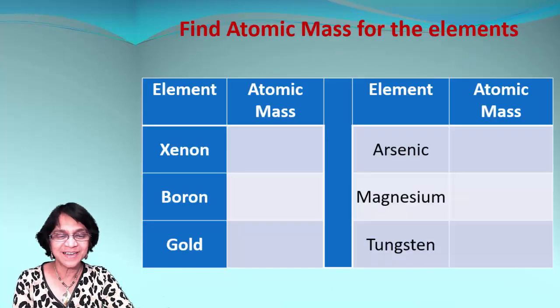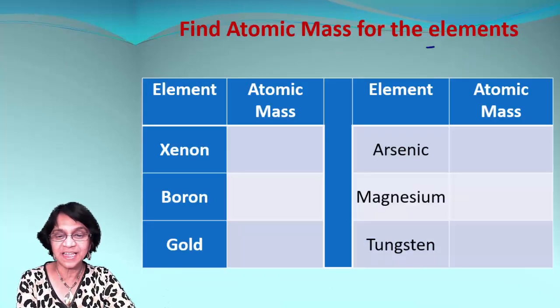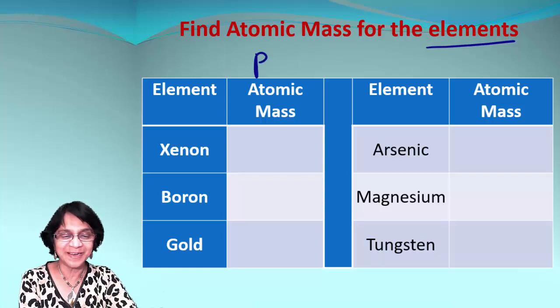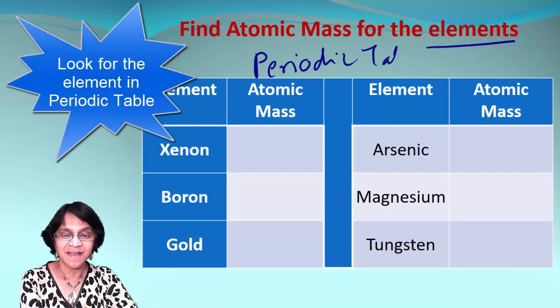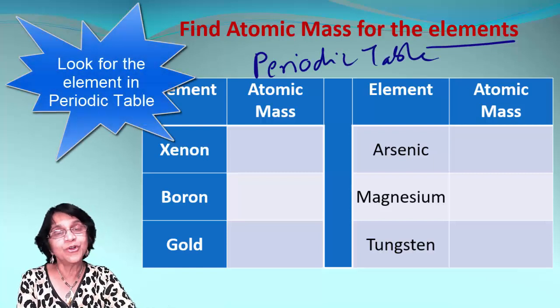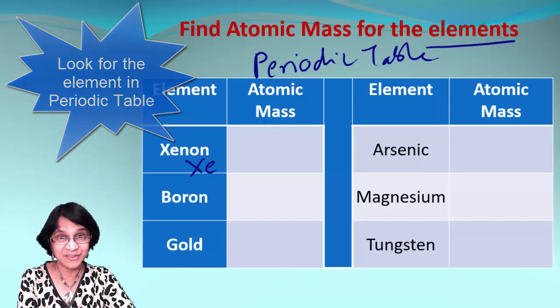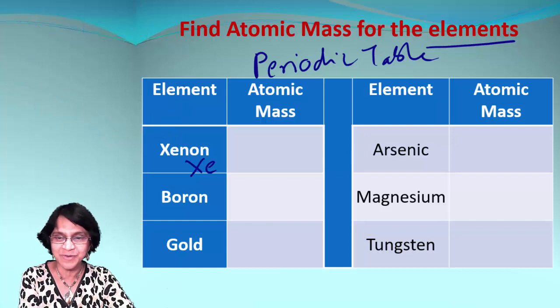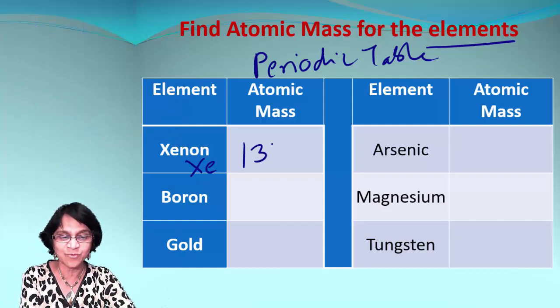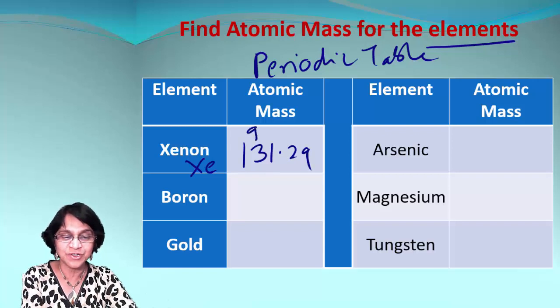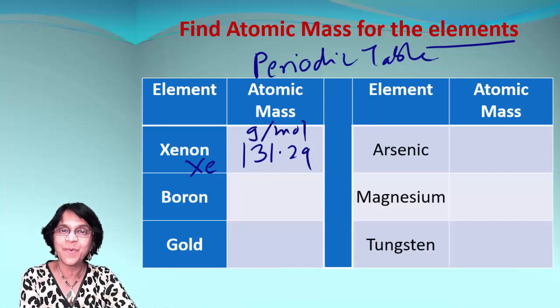Let's find out the atomic mass for the elements now. And what do we do? We simply look in the periodic table, look for the symbol, and find the atomic mass. Xenon is Xe, so you look for xenon, and what we found was 131.29, and of course the unit was grams per mole.